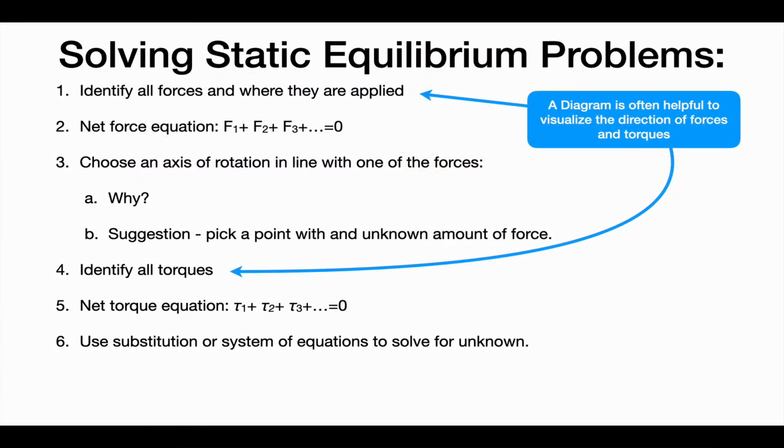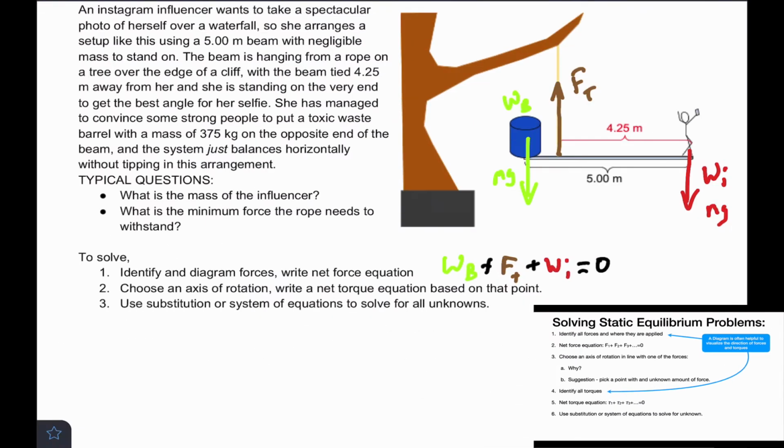So we're looking at our slide here that tells us how to solve static equilibrium problems. So our net force equation is just accounting for all the forces, and all the forces have to add up to zero. So you can just write it like that. Then we have to choose the axis of rotation. And we could choose any point on this. We could choose a point that is not where forces are, right there.